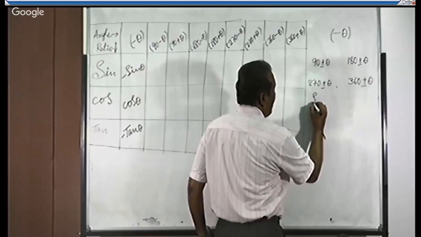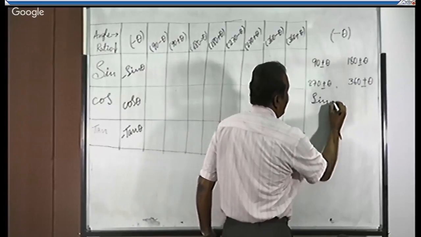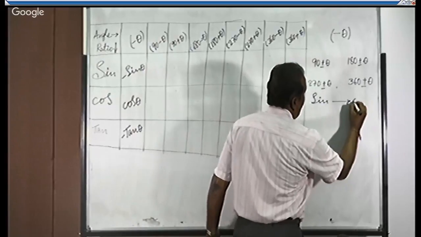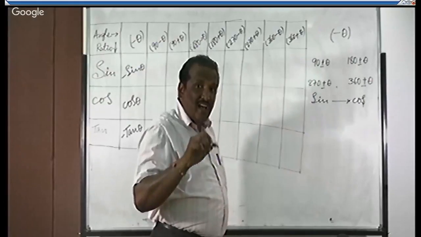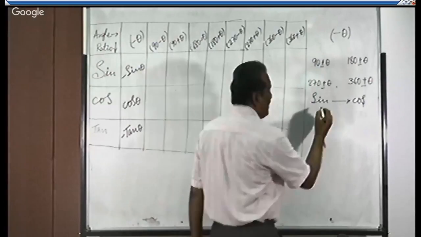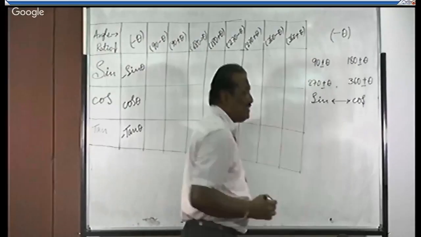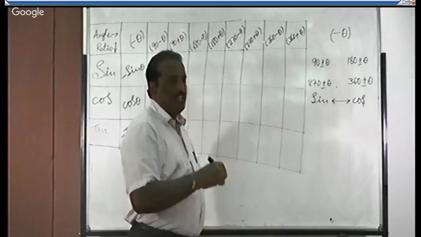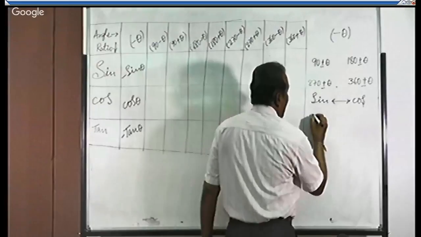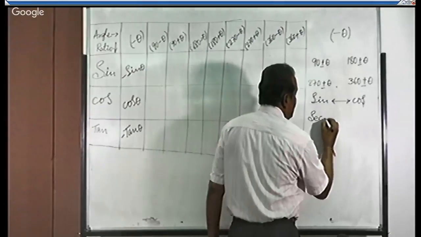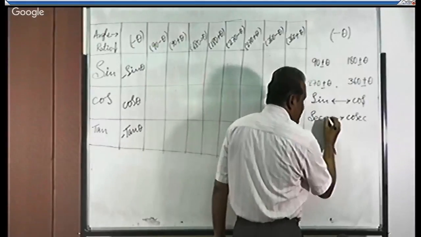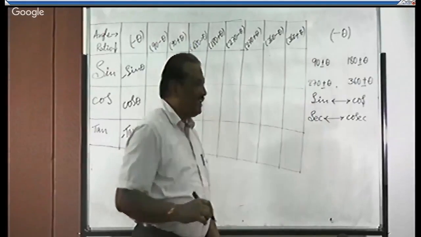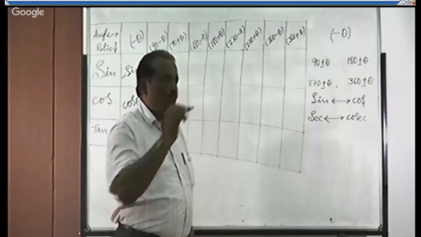We know that for the sine function, its co-function is cosine, that is cos. For sine, cos is its co-function, and vice versa is also true. For cos, sine is a co-function. Similarly, for secant, its co-function is cosecant, and vice versa. For cosecant, secant is its co-function.